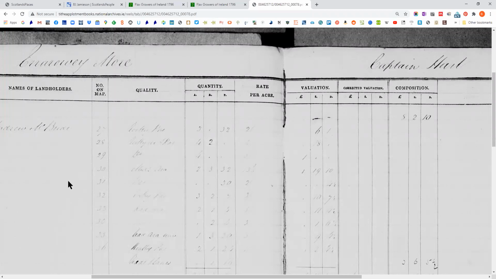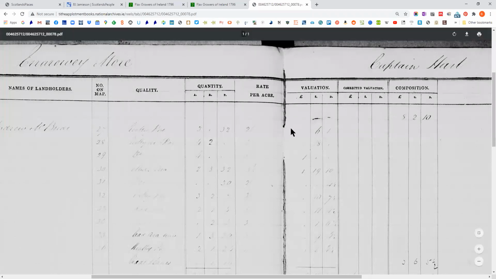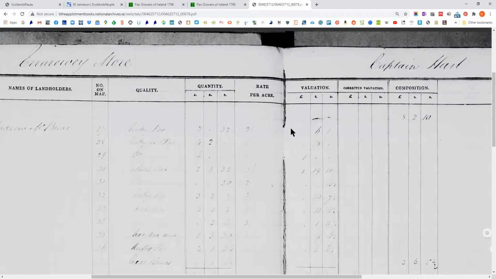But again, it can begin to help you figure out where in a county somebody was, particularly if you have a name that's not that common. I mean, there are places in Ireland that, if you have somebody, your Murphy or Sullivan shows up in Boston in 1850, if you don't have much more than that, you're going to be stuck.